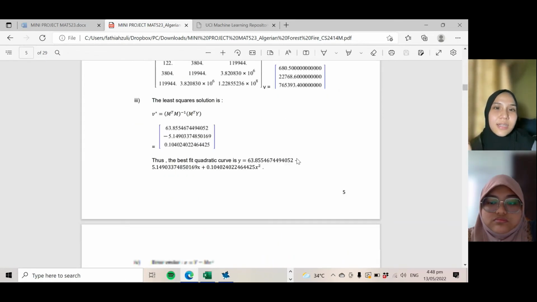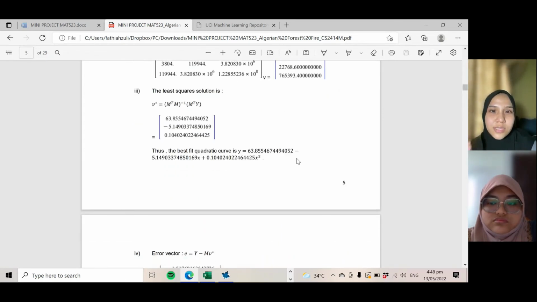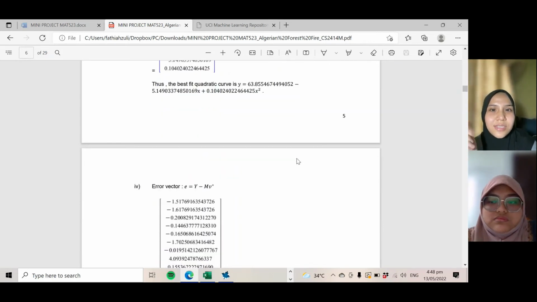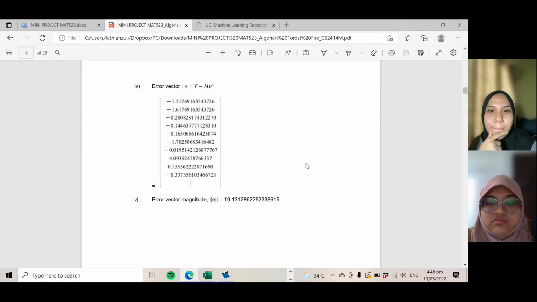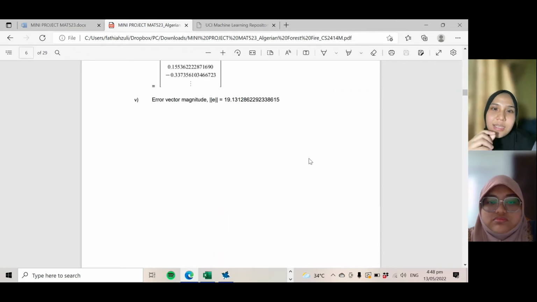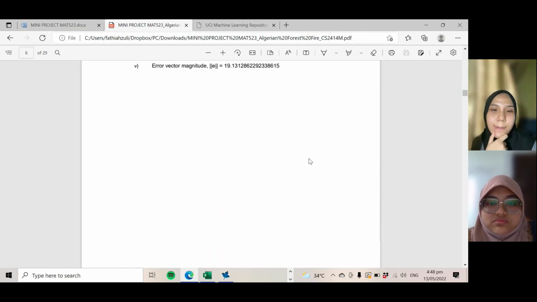Then we find the least squares solution. We found that the best fit quadratic curve is y equals 63.855, 46744, 94052. Next we find the error vector, and the last is the error vector magnitude.